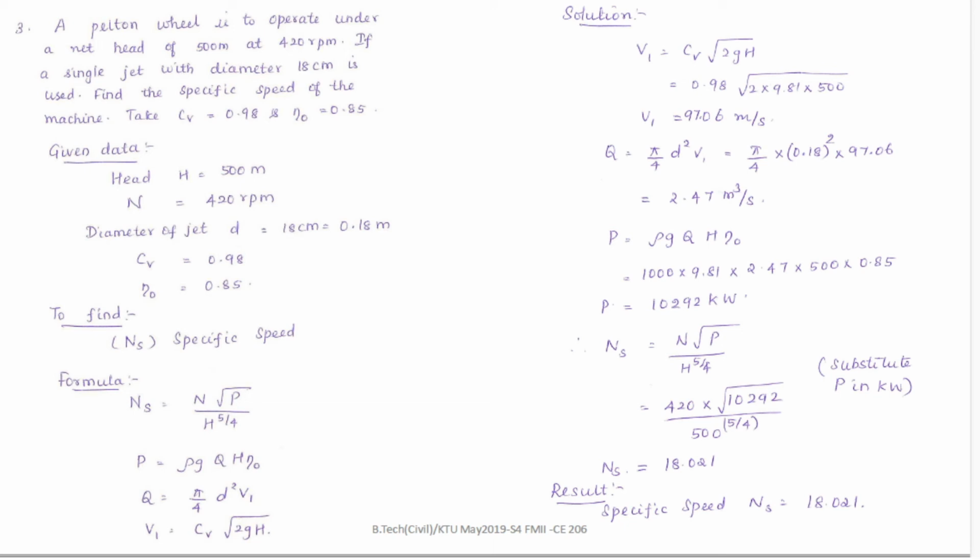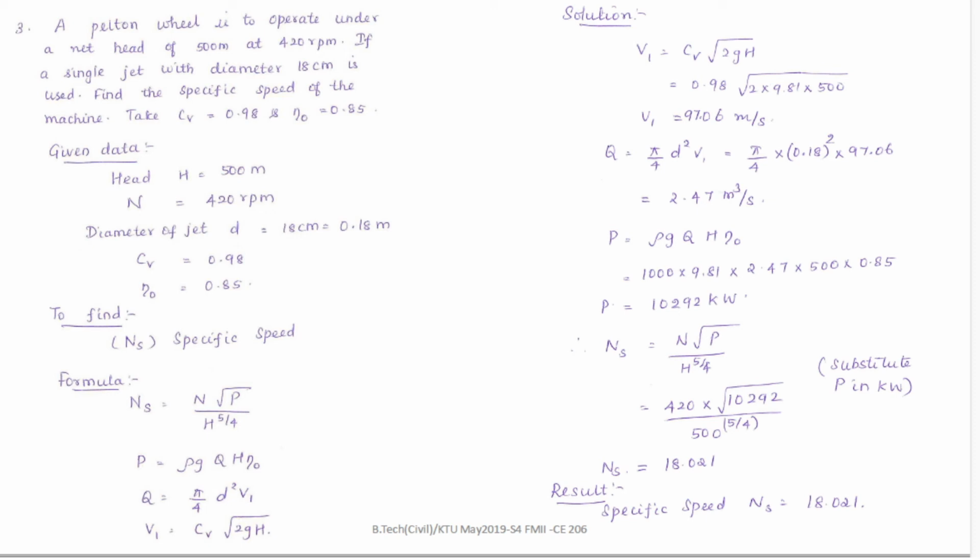If it is a pump, we get the discharge. So the same formula you can write for a pump also. It's so simple. Ns is equal to N into square root of Q divided by H power 3 by 4.